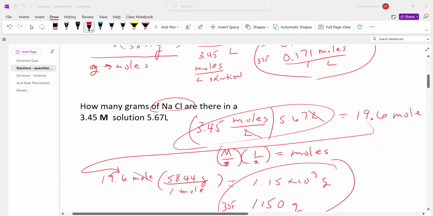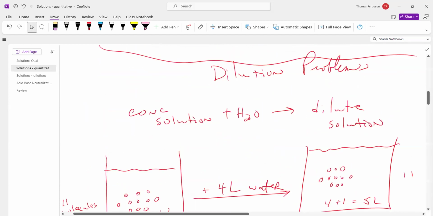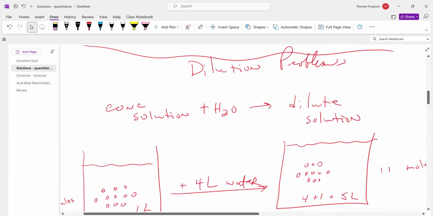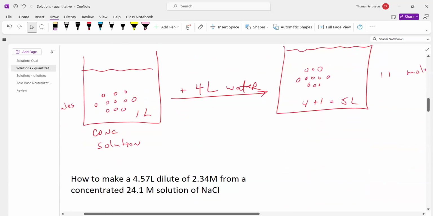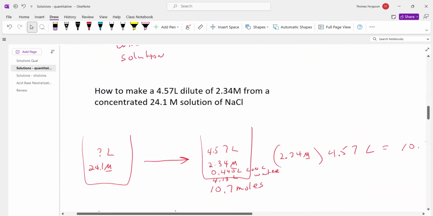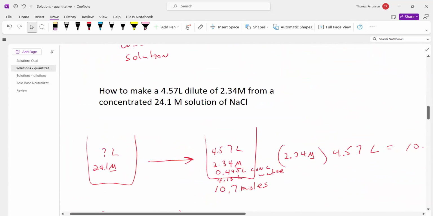The other approach to this is starting from a concentrated solution and diluting it. So how do we make 4-something liters of 2.34 molar salt solution from a concentrated 24.1 molar solution?